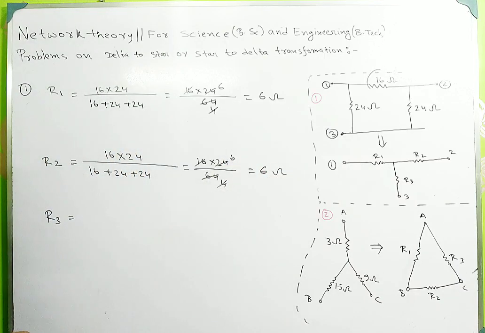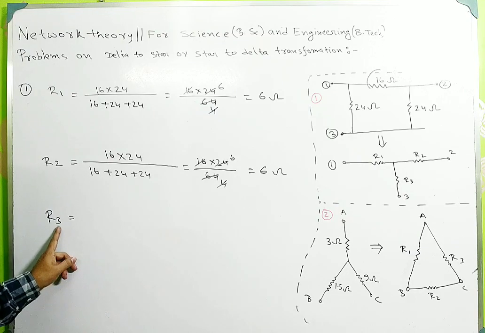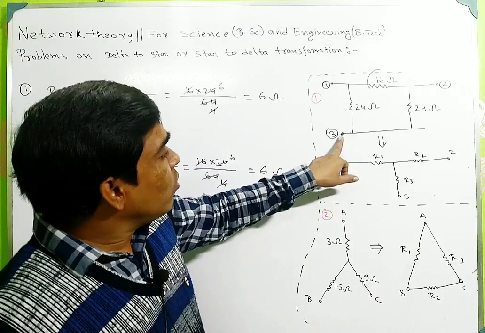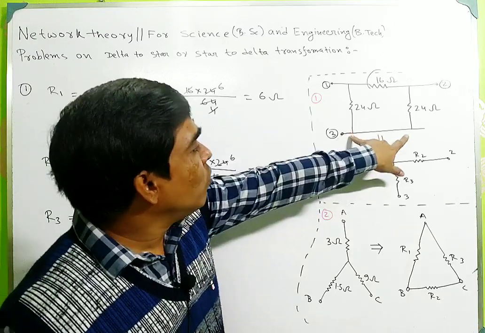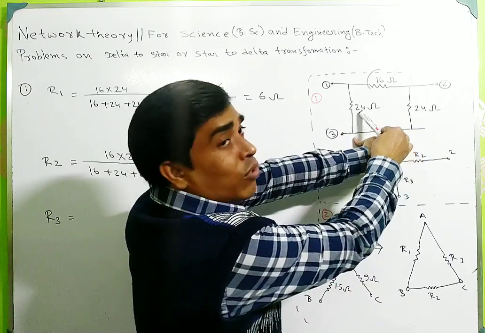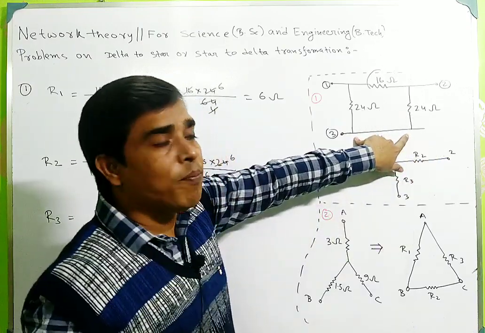Now how to solve R3? This is R3, so this is node 3. Node 3 contains these two resistances, 24 and 24.